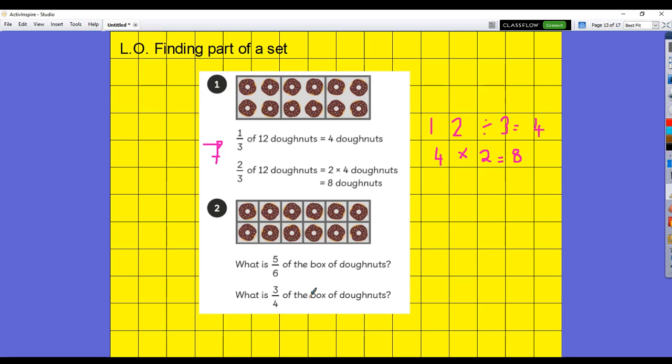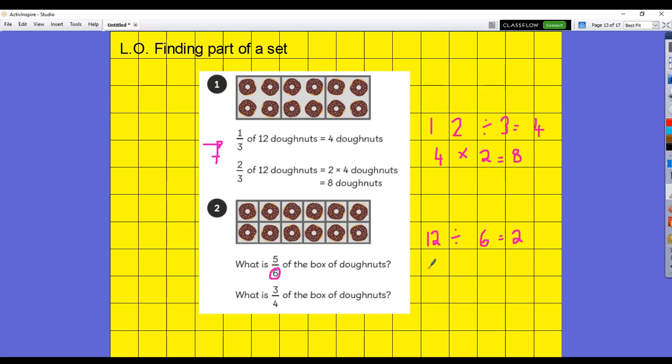Okay, so we know we have 12 donuts altogether. Okay, so I'm going to write 12 here, and my denominator is 6. So 12 divided by 6. What does that equal? We know 12 divided by 6 is 2.